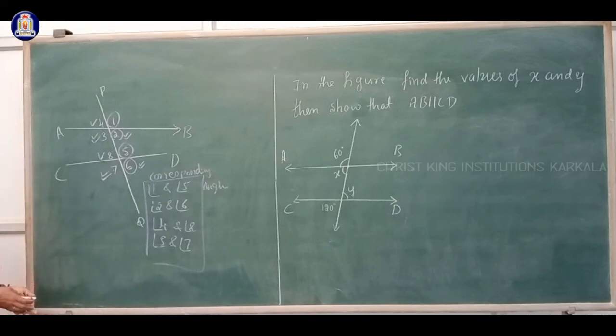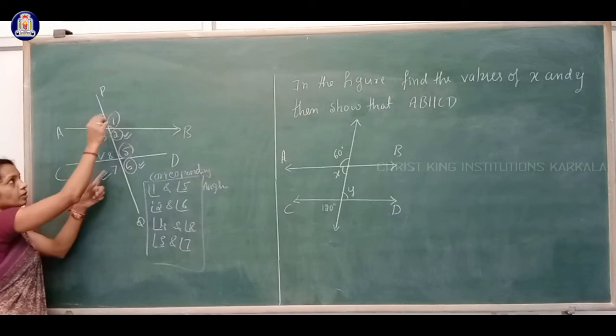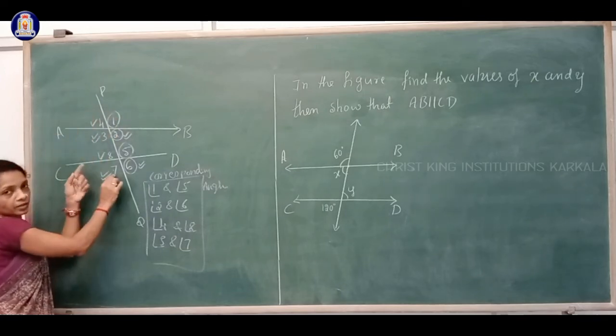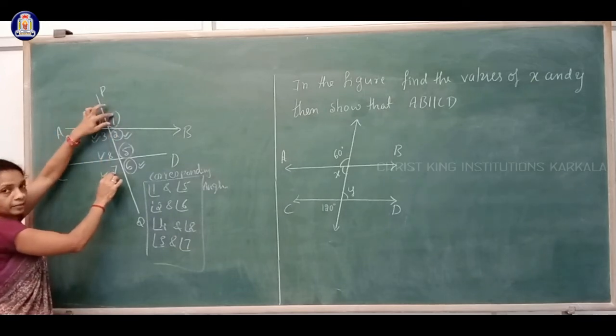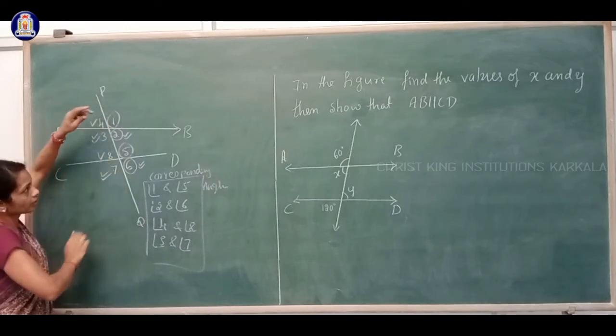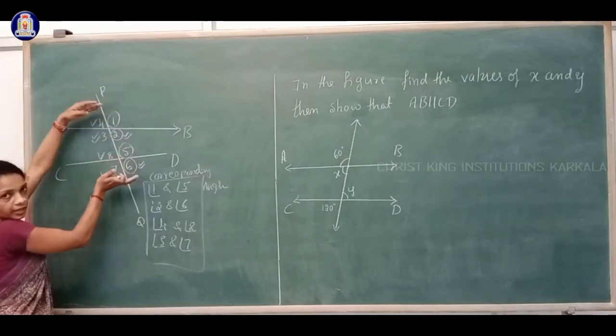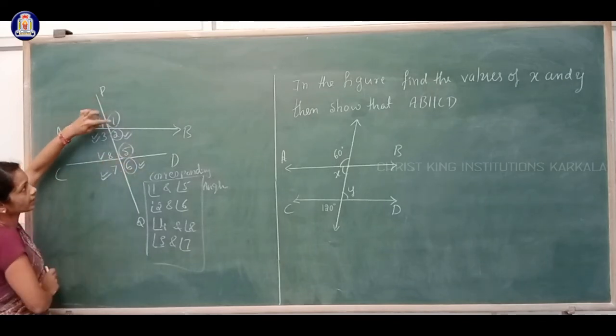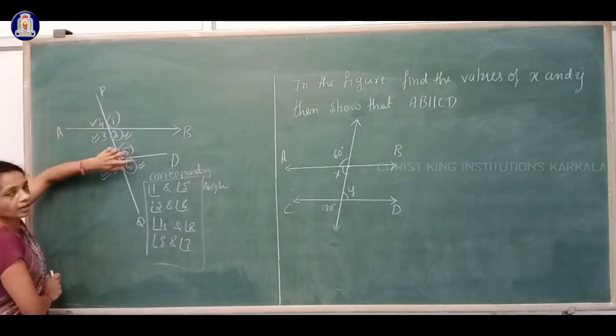Now, which are alternate angles? For angle 1, the alternate angle is angle 7. Here you have to see outside the lines: which angles are there? 1, 4, 7 and 6.